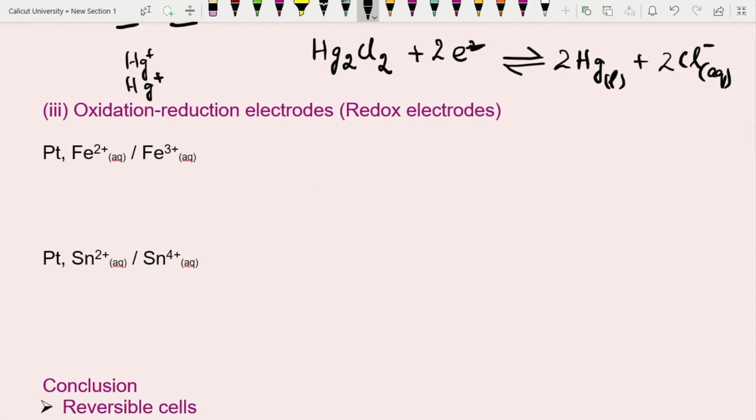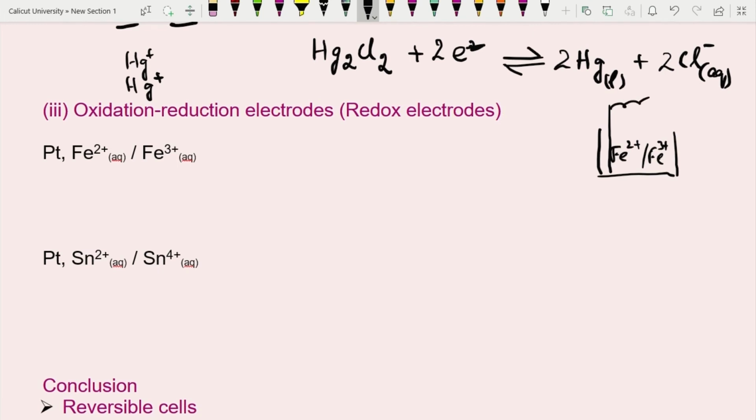So, what we do in this case is take a solution which contains a mixture of ferrous and ferric ions, and dip a platinum wire into the solution, that is an unattackable metal, to conduct electricity.